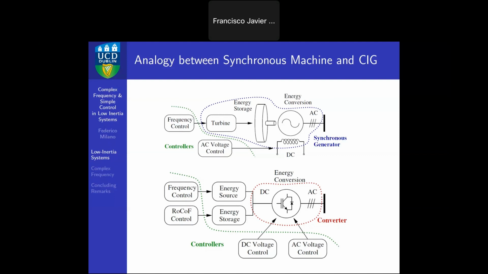Here we also split those tasks. The synchronization is done sometimes by PLLs. The power balance has to be done by controllers that have nothing to do with the PLLs. Okay, so it becomes a more complicated structure that might not do the right thing simply because the control is not adequate. So it's an additional layer of complexity here.